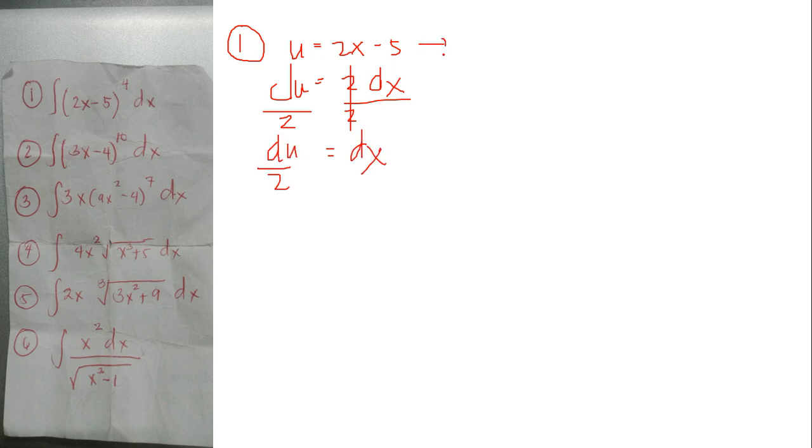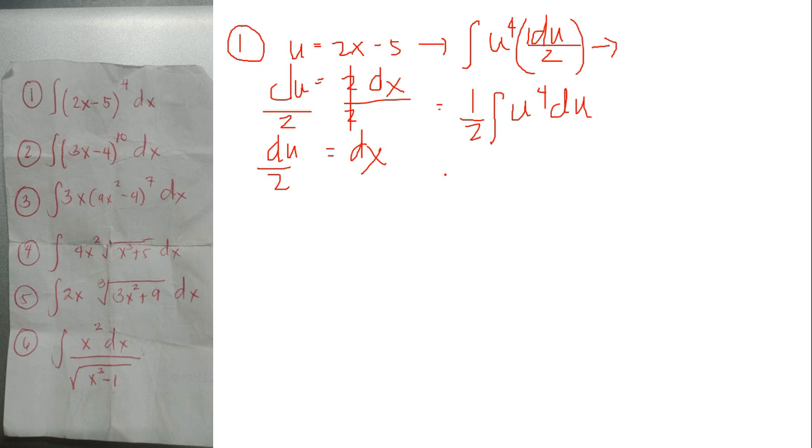Okay? Tapos, i-rewrite natin siya into shortest version. Yung u natin, since may exponent siya na 4, u raised to 4, tapos du all over 2. Yung constant factor niya, ilalabas natin, so magiging 1/2 integral ng u raised to 4 du. Integral na po: 1/2 times u raised to 5 all over 5 plus c.